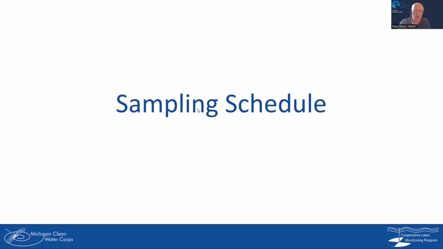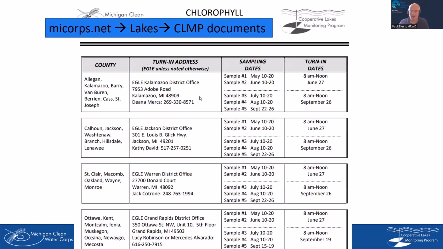So let's talk about how to sample for chlorophyll-a. Essentially, it's sampling for algae, which then in the lab, they pull out the chlorophyll-a molecule and give us a number that reflects the amount of algae.